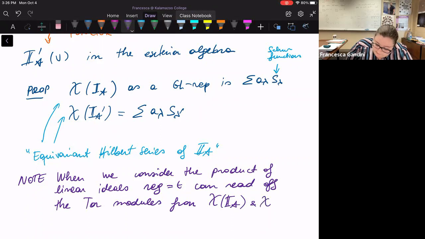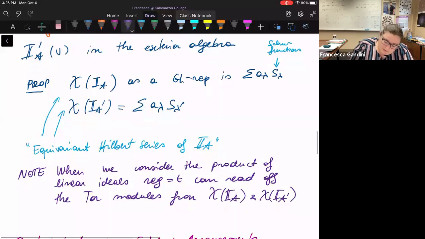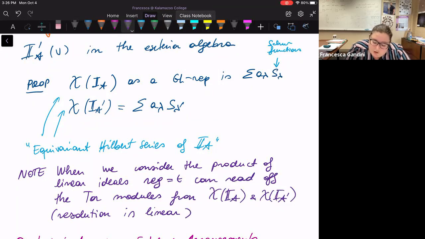And what I mean by can read off is that there is exactly one degree. When the resolution is linear, because the regularity is equal to the degree of generation, you just really need to look at which Schur functions appear in a certain degree, and those will correspond to the Tor modules that appear in that step, that homological degree in the resolution.